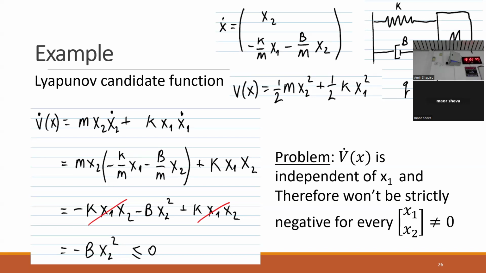We wanted v dot to be strictly negative. But we do have a problem here, because v dot depends only on x2. It does not depend on x1. So I don't know how it varies with respect to x1.